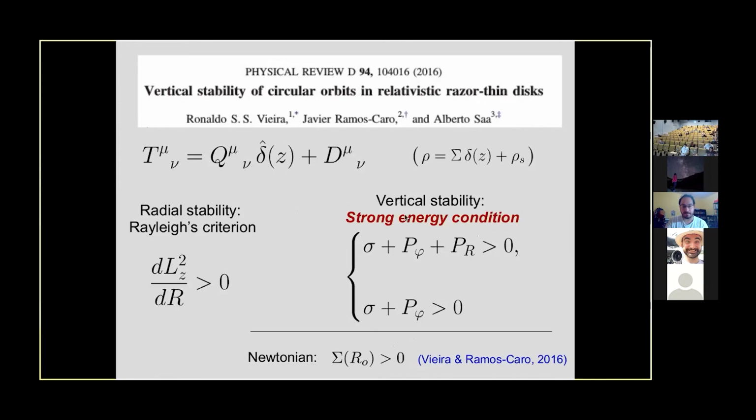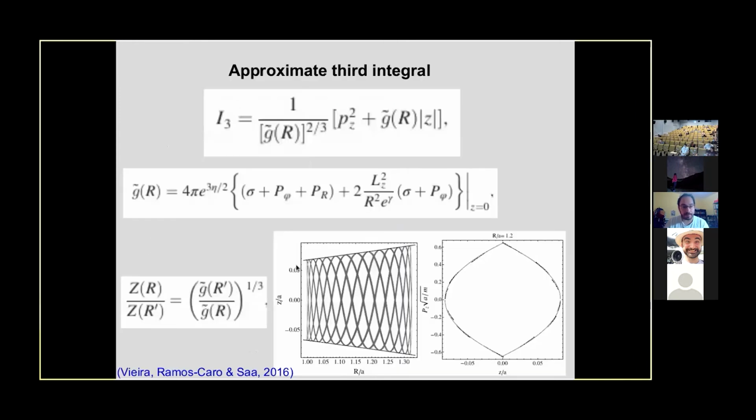This is the important thing. I think I don't have the time, but just to say that we also found a way to describe the shape of the non-equatorial orbits around the circular orbit.